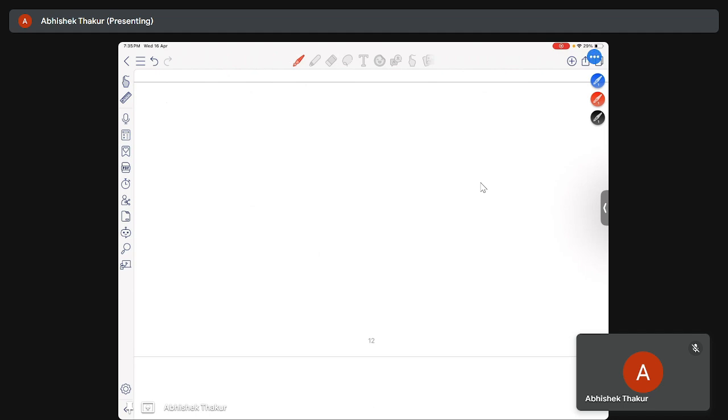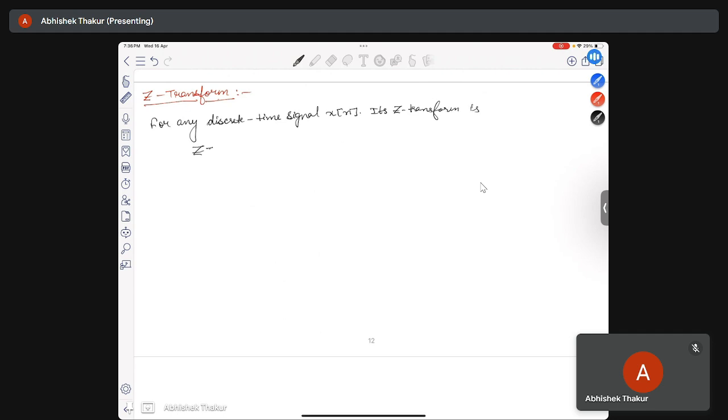For any discrete time signal x(n), the Z transform is defined as Z{x(n)} equal to the summation of x(n) z to the power of minus n, where n goes from minus infinity to plus infinity.